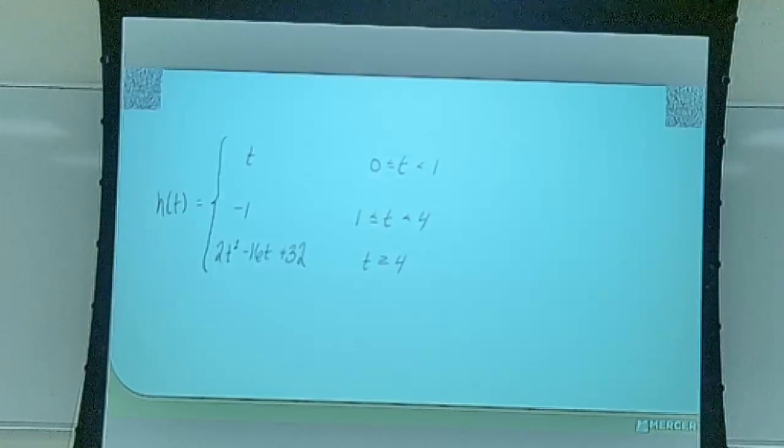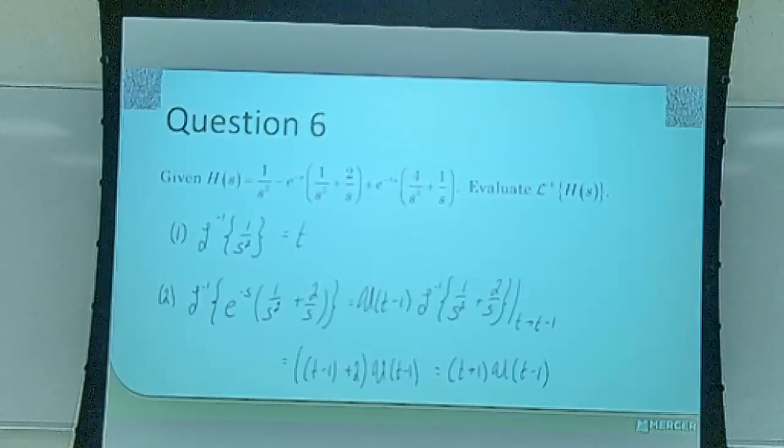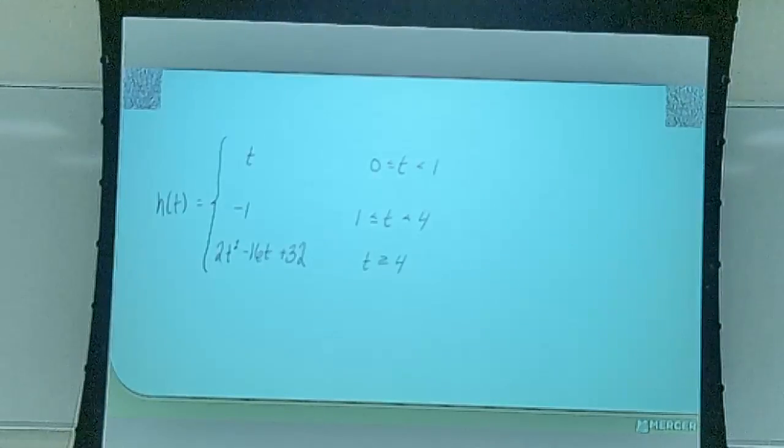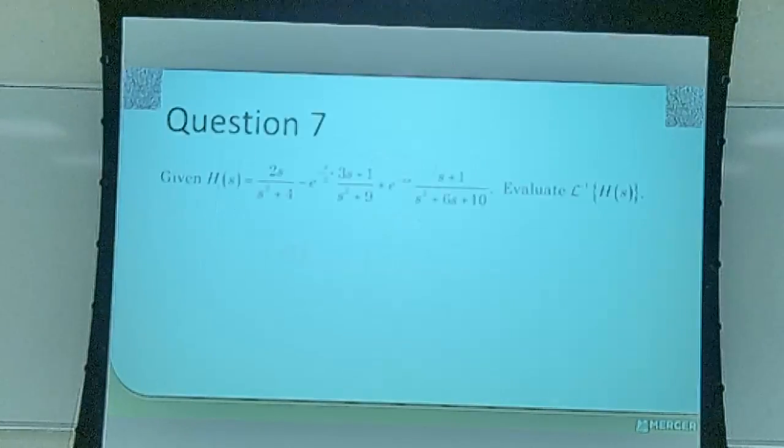Or if this was the transform of the driving force, then that would have been the driving force. Again, probably be easier to tackle this in pieces.